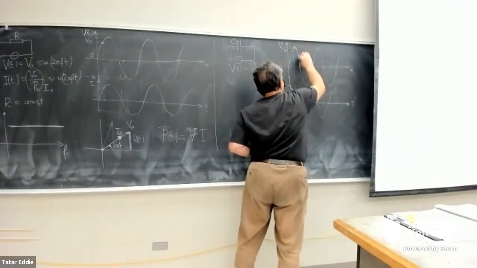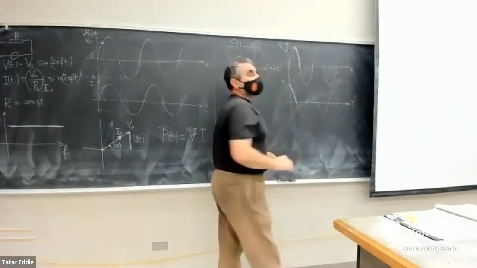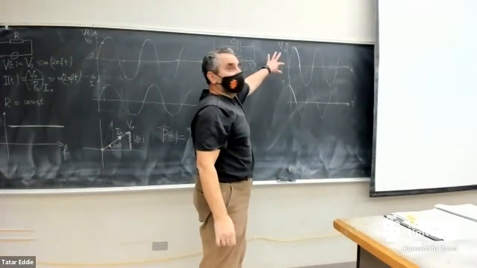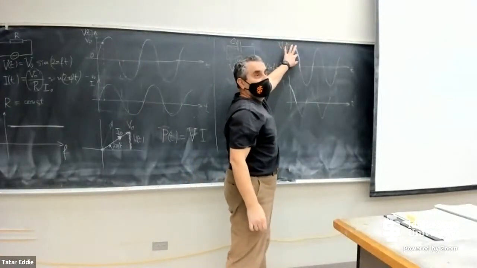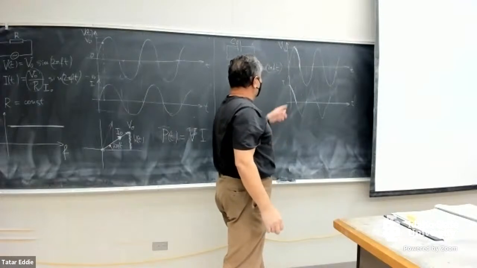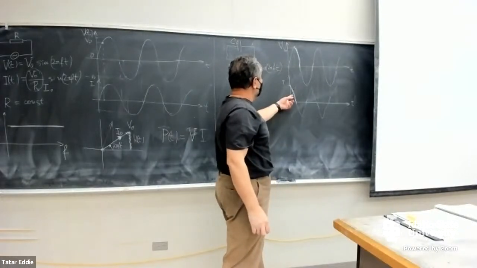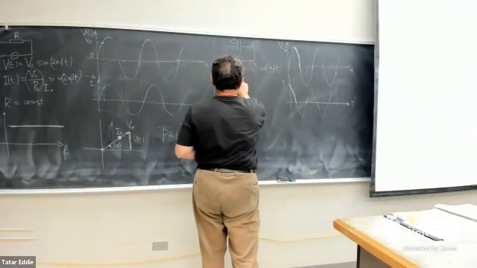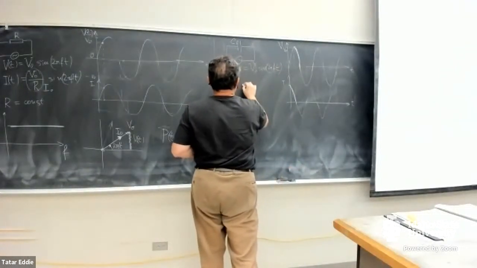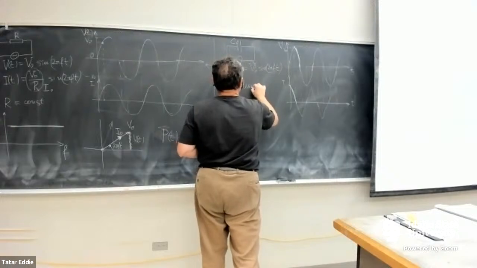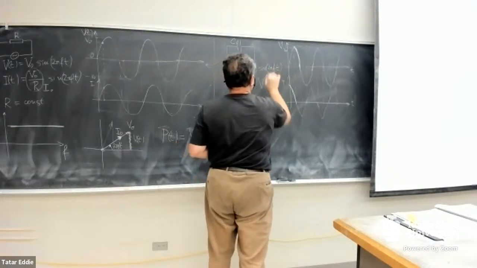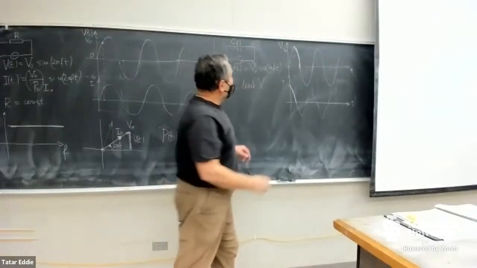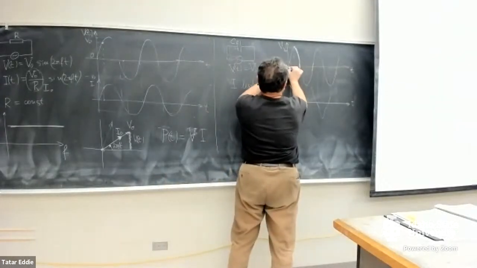Well, the corresponding part of the voltage curve is right here. So we say that the current leads the voltage. So the current I leads the voltage in the circuit. By how much? By this time interval.